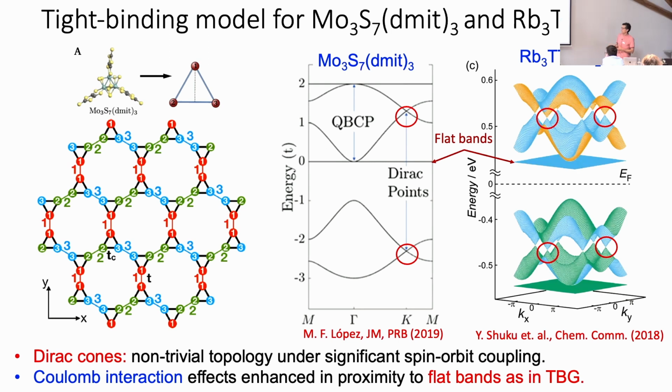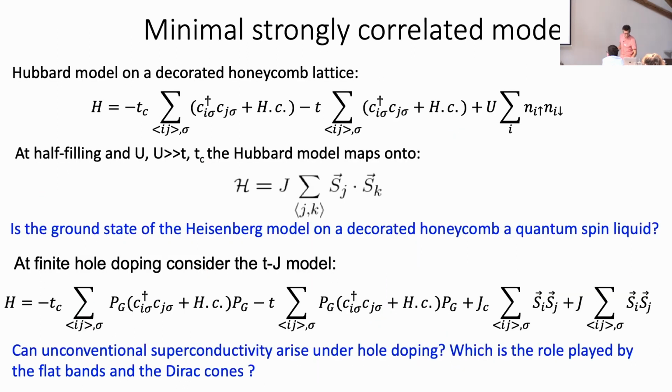And so this, of course, also drew our attention, because you may have non-trivial topology due to these Dirac points, and the flat bands are, of course, very interesting. If you put the Coulomb interaction, you expect to have strong correlation effects, right? So it's in some ways similar to the twisted bilayer graphene.